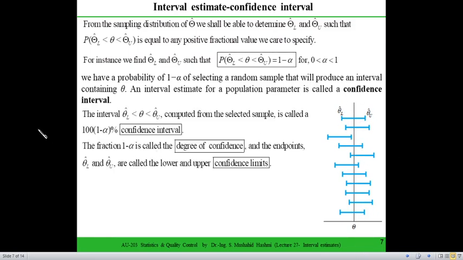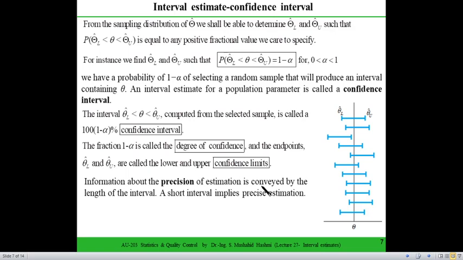These intervals are obviously computed from those different samples, and this 100 times 1 minus alpha would be the confidence level, and this 1 minus alpha actually represents what we call the degree of confidence. These theta L and theta U are the lower and upper limit of that confidence interval. So here we have information about the precision of the estimation.